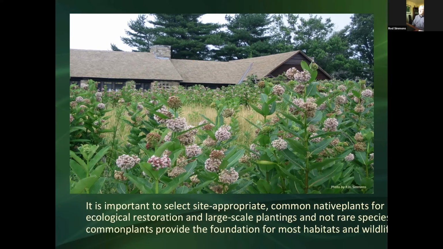Now, most folks are not practicing ecological restoration in their yards, and that's understood. But common plants like the common milkweed are the choice, rather than some of these exotic ones or hard to find rare ones.